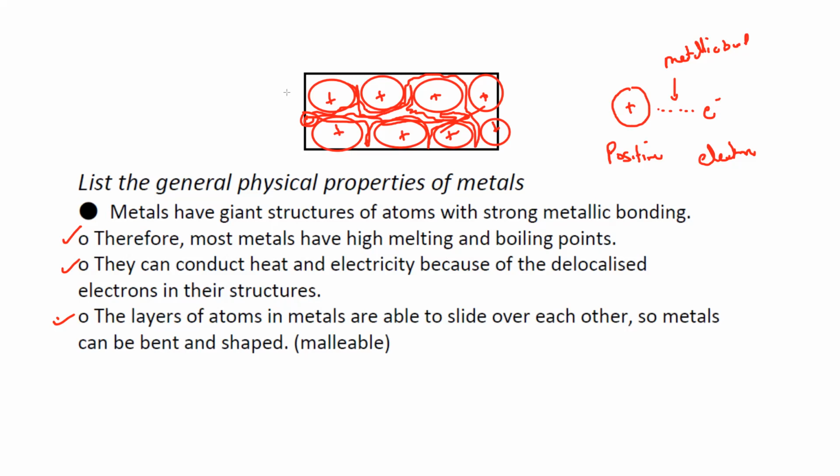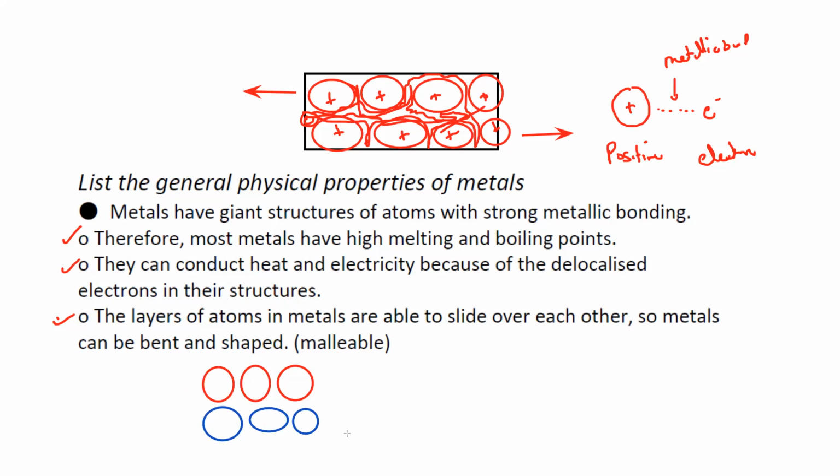But what happens for metal, when we apply force on the metal? The layers of positive ions can slide over each other, moving from one place to another. For example, if I draw two layers, the first layer I'm representing in red, and the second layer in blue. When we apply force, when we hammer, what happens?